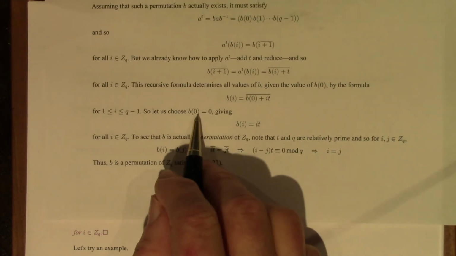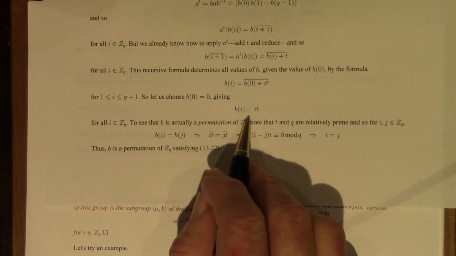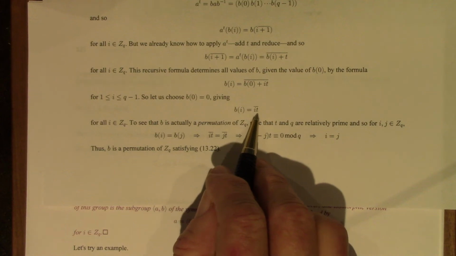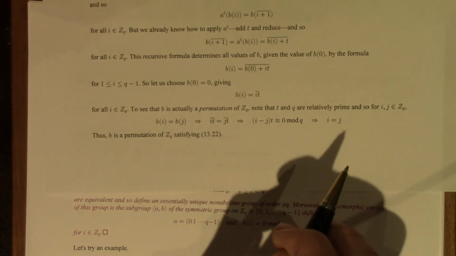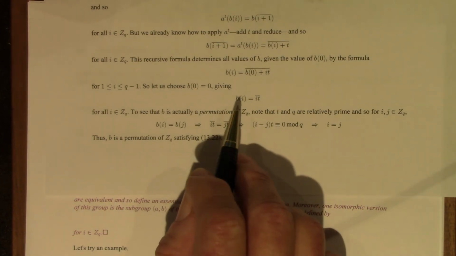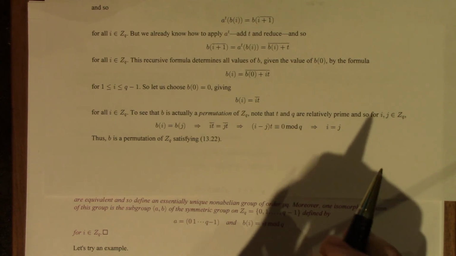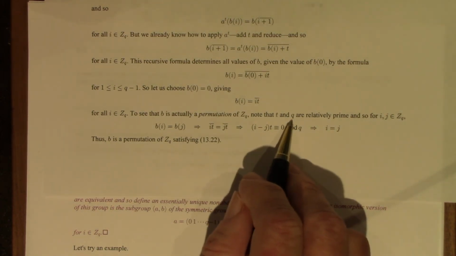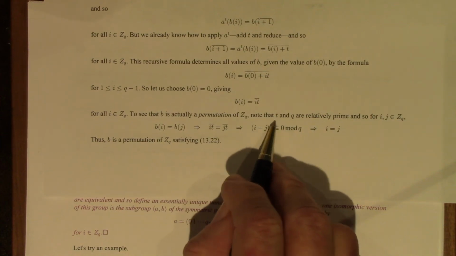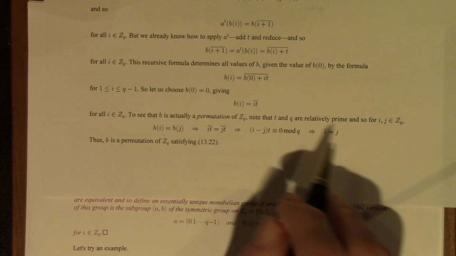Well, we may as well choose B of 0 equal to 0 to simplify matters. B of I equals IT reduction mod Q. We have to check that this is a permutation, and that follows from the fact that T and Q are relatively prime. Q is a prime, T is less than Q and bigger than 1.